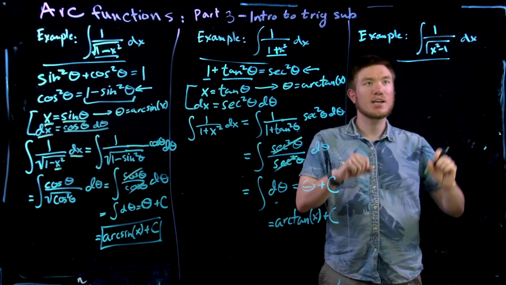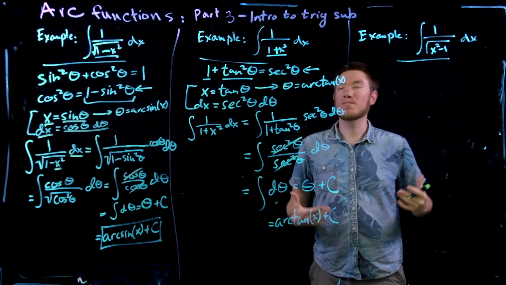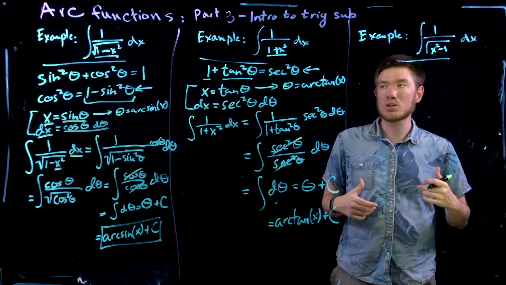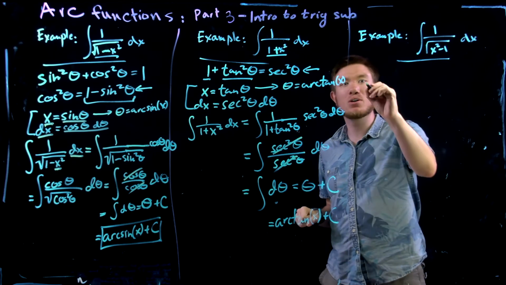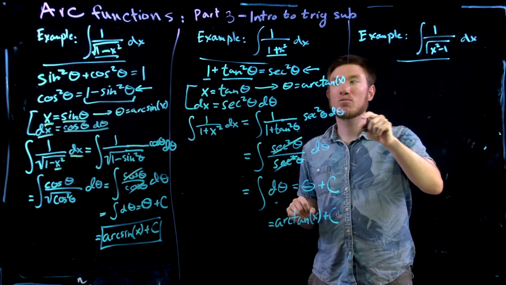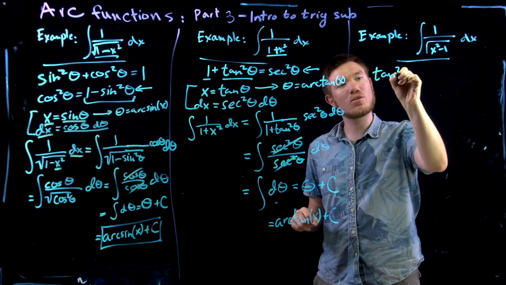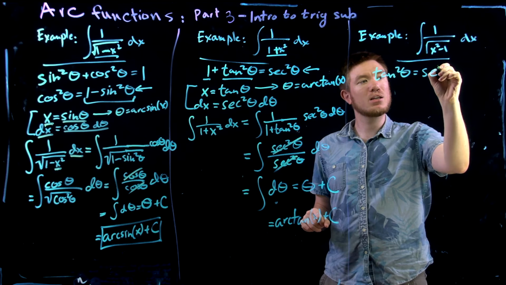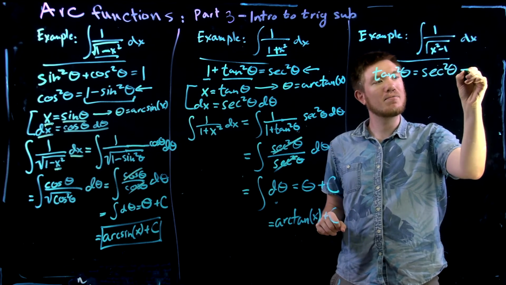Finally, let's do this example for 1 over the square root of x squared minus 1. We're going to borrow our same Pythagorean identity that we had in example 2, but rewrite it slightly differently. We move the 1 over to the right-hand side so that we get tangent squared theta equals secant squared theta minus 1.